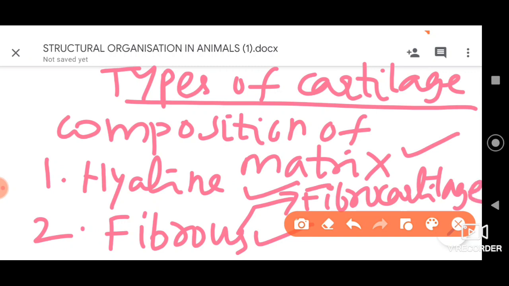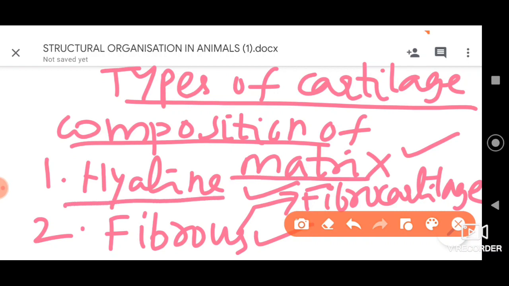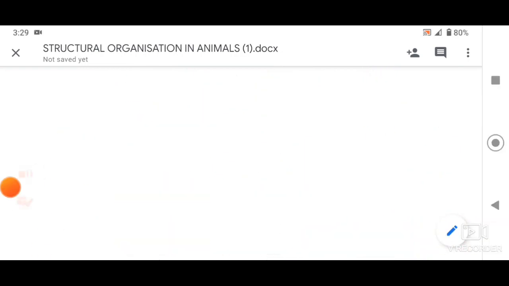Let me repeat. There are two types of cartilage based on the composition of the materials present in the matrix. The first one is hyaline cartilage and the second one is fibrous cartilage, or fibrocartilage. Now let us discuss the first, hyaline cartilage.